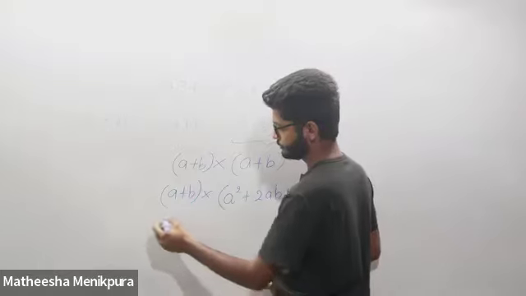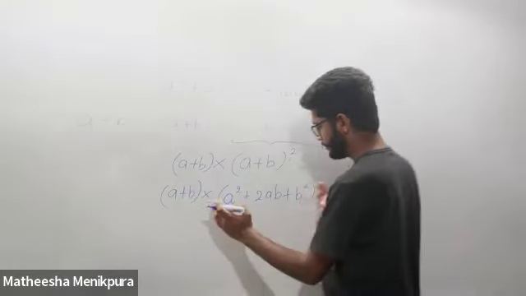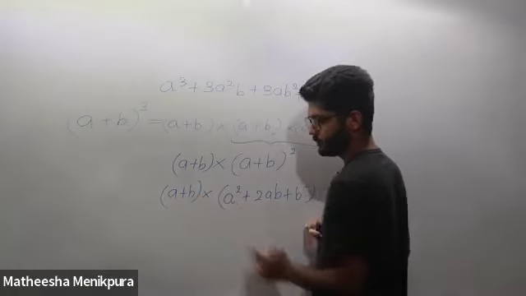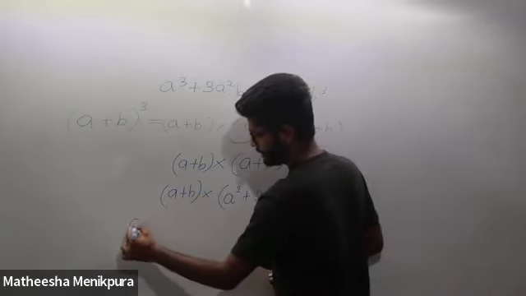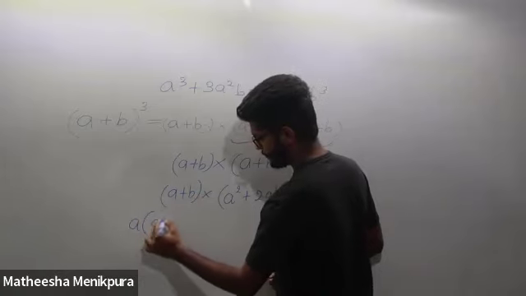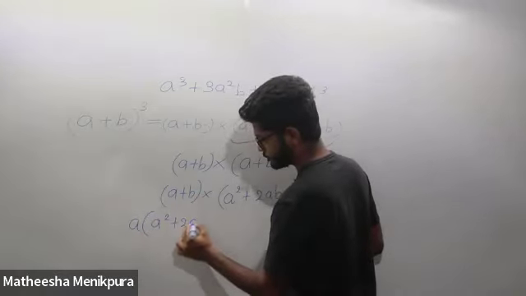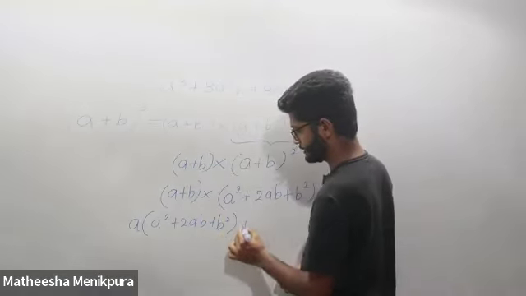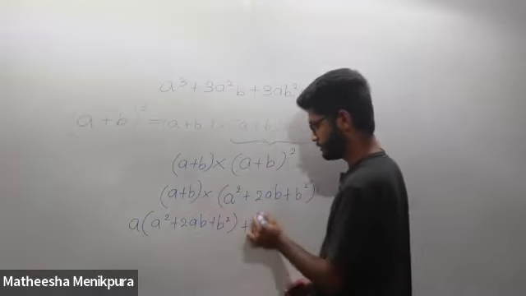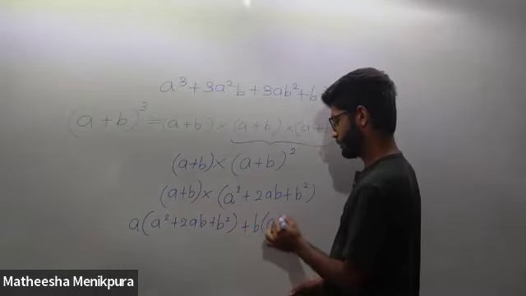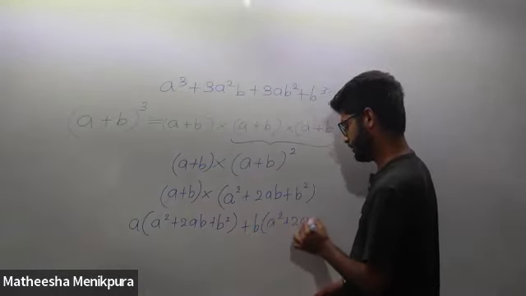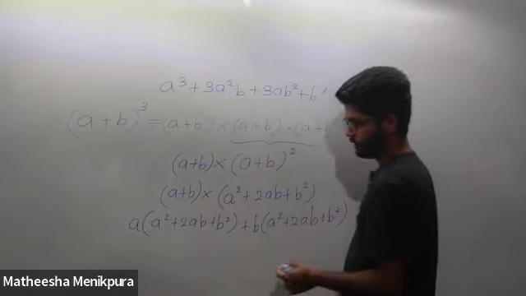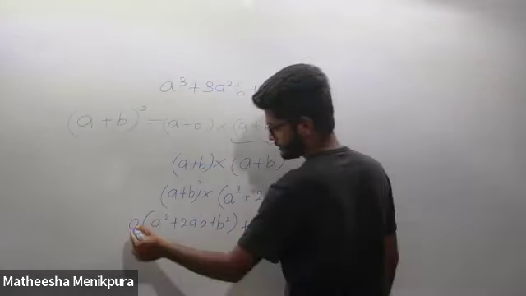So now what to do? We'll multiply this bracket by a and this bracket again by b. So let's multiply a times a squared plus 2ab plus b squared, plus b times a squared plus 2ab plus b squared. Now let's remove the brackets.